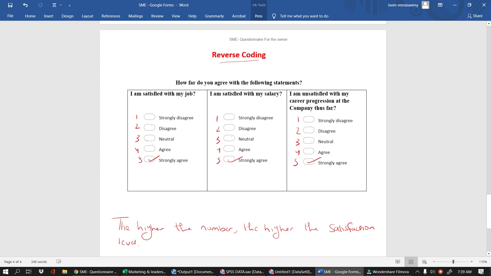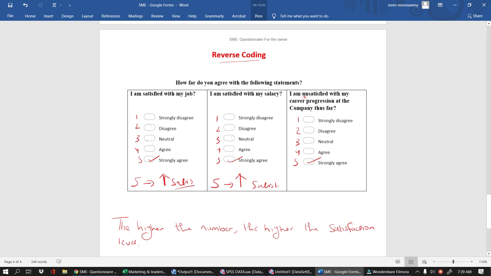So a high number, 5, would indicate a high level of satisfaction. Strongly agree that I'm satisfied with my salary would also mean 5 is a high level of satisfaction.